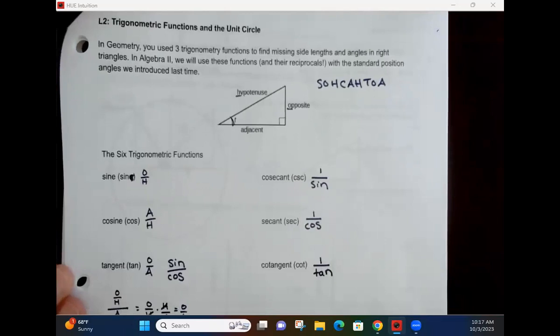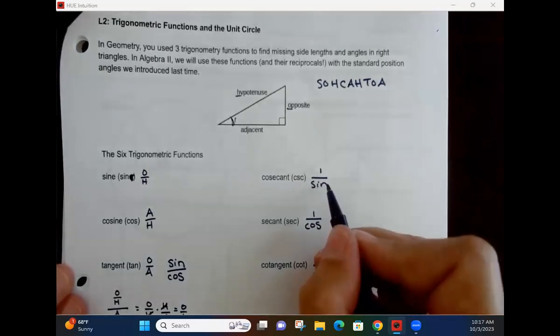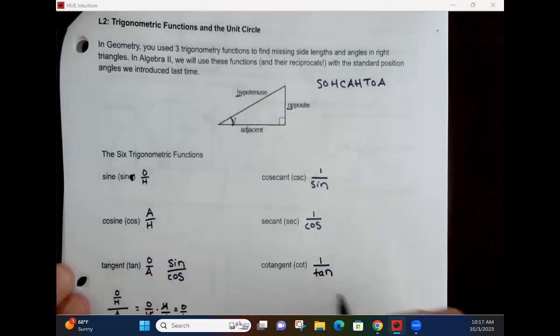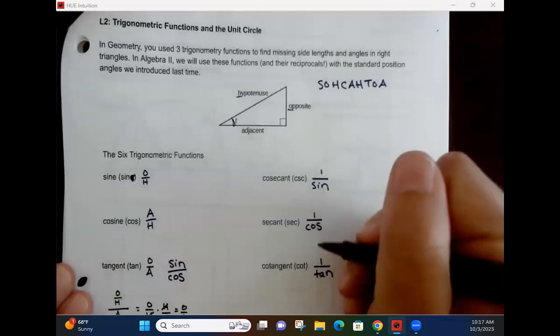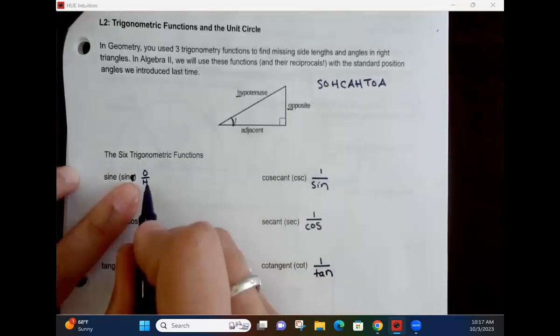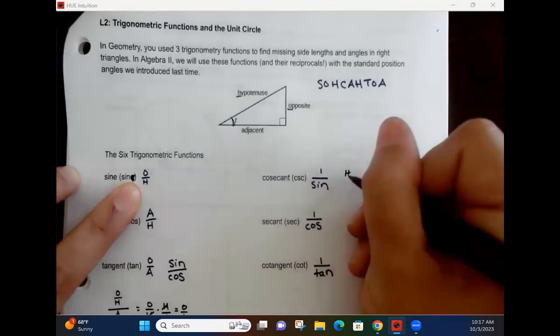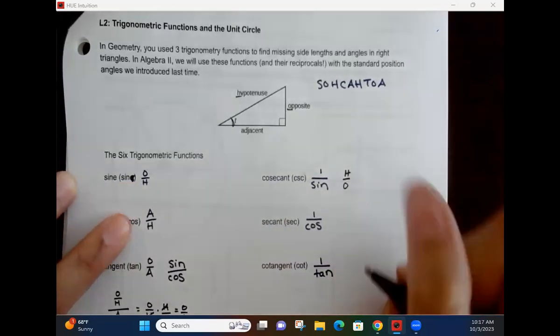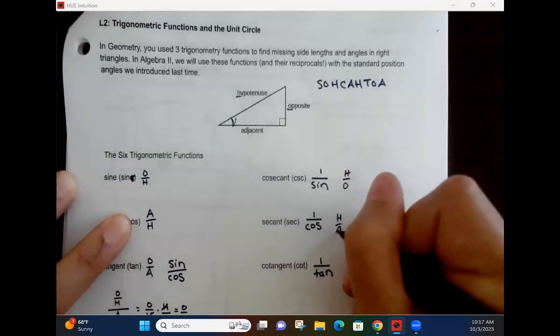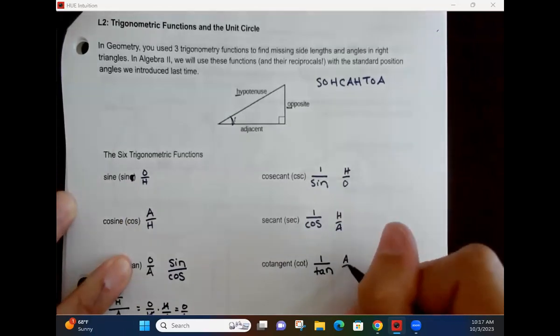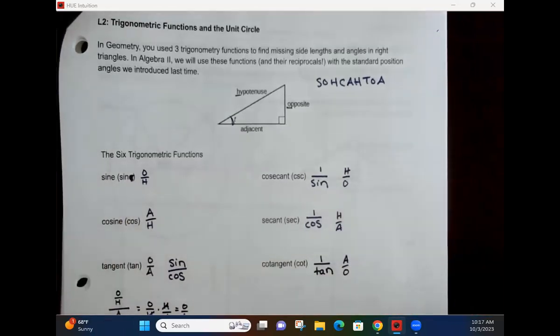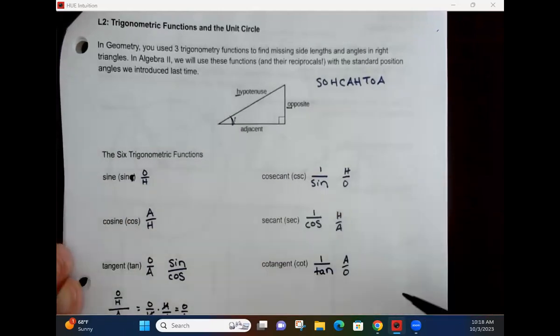So essentially, I am going to take the reciprocal of each of these, reciprocal identities. So this would be, if I were looking at a right triangle, hypotenuse over opposite, hypotenuse over adjacent, and adjacent over opposite. Okay, reciprocal is the word we want there. So these are the other 3 that we get, but they're based on the 3 that you already know.